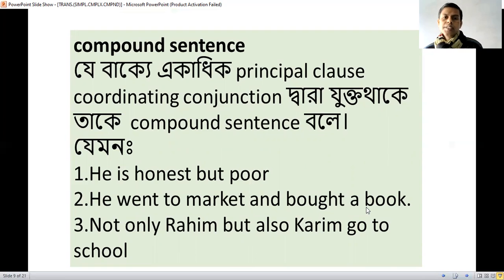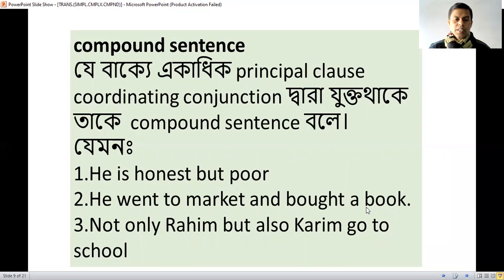For example, he is honest but poor. He went to market and bought a book. Not only Rahim but also Karim goes to school. Follow the first example: he is honest but poor.